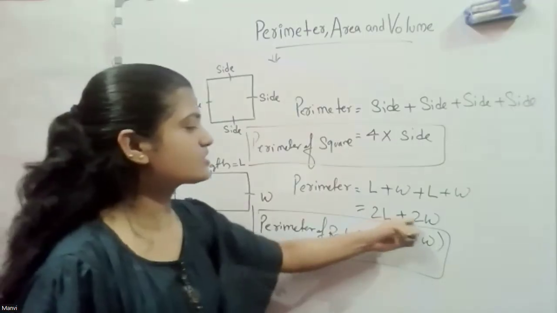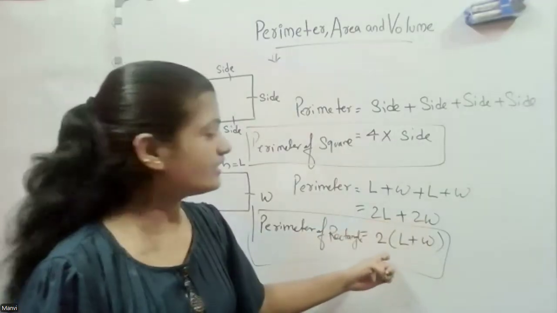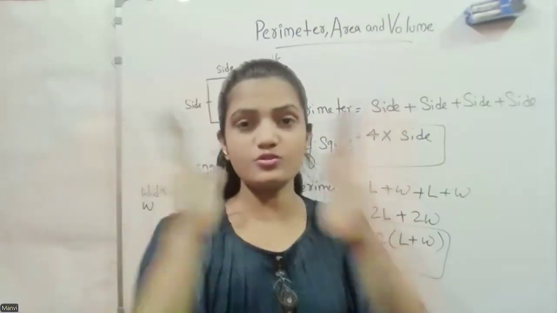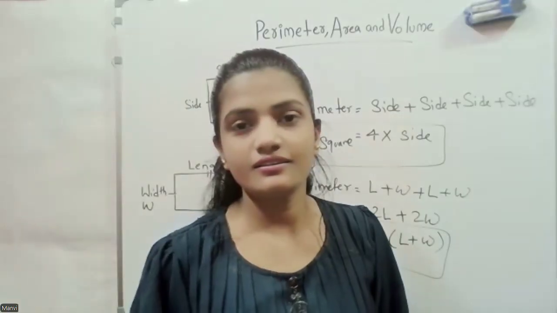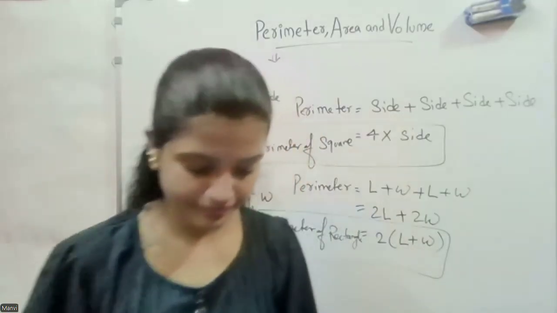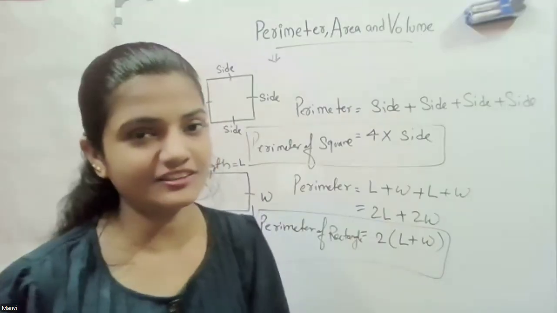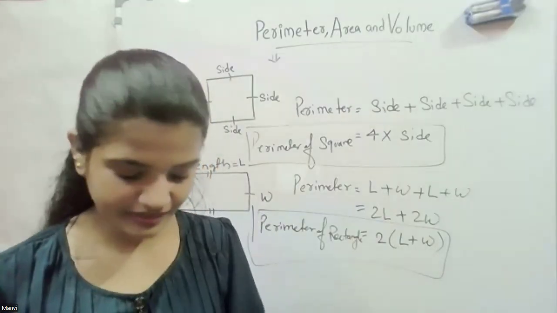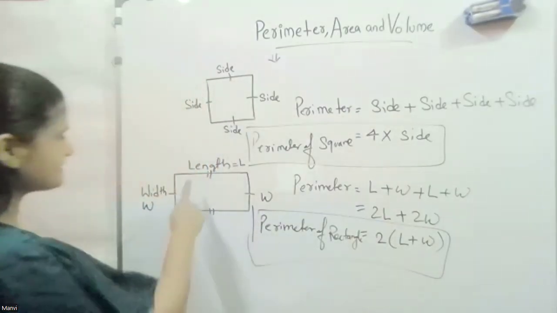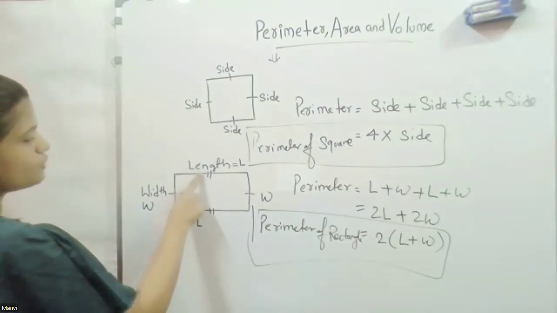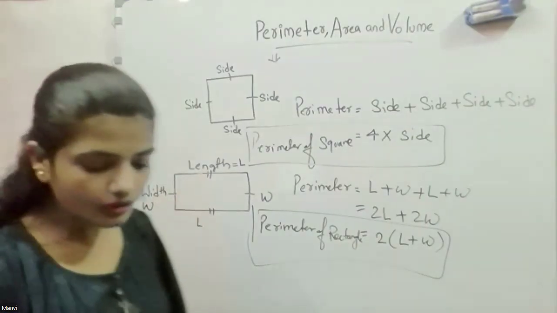Yeah, 2 times length plus 2 times width, and in shorter form we can say 2 times length plus width, the sum of length and width. That's actually the adjacent sides. These two are the adjacent sides.